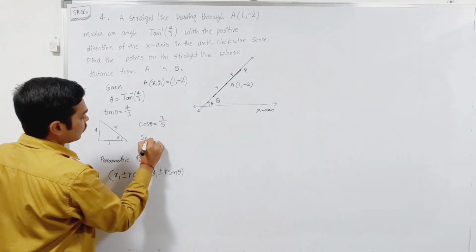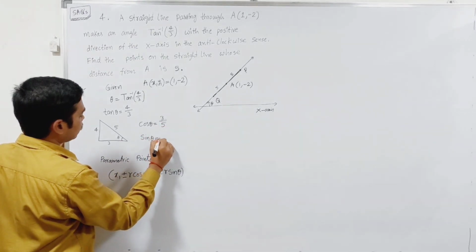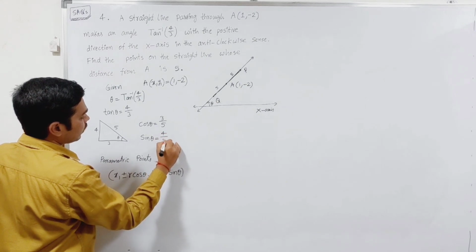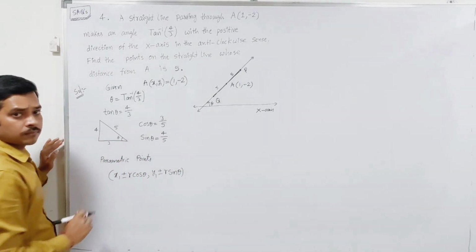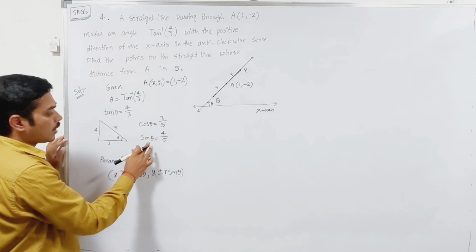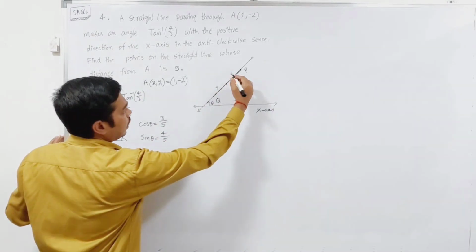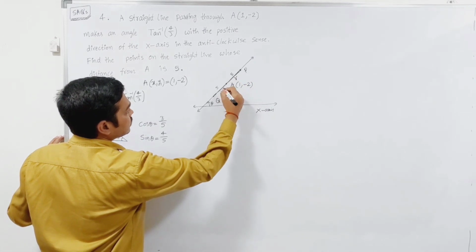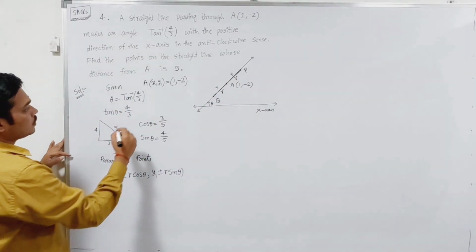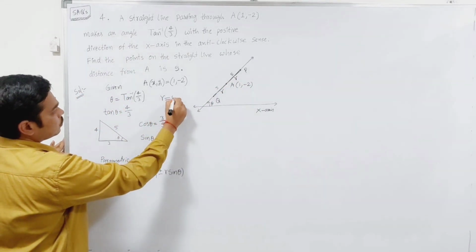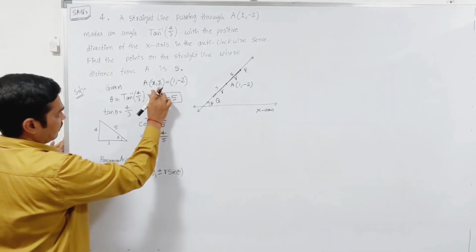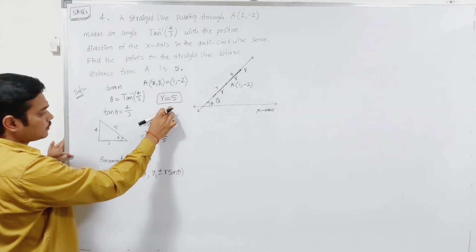Sin theta is opposite by hypotenuse, that is 4 by 5. We get the cos theta value and sin theta value. What is r? r means the given distance, r is equal to 5 units. Given point, given distance.